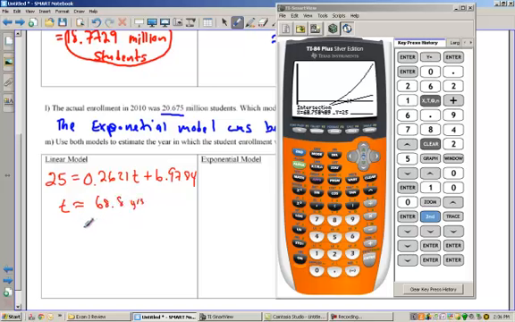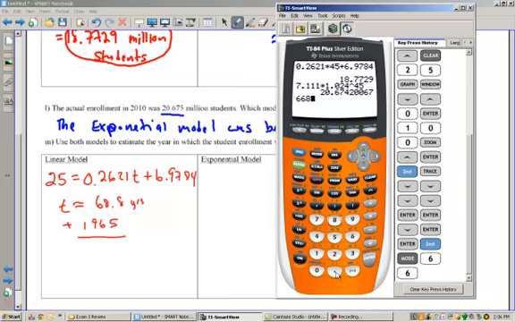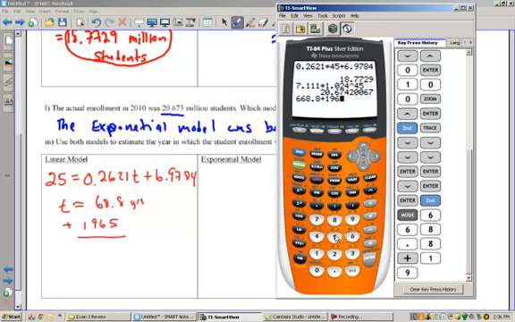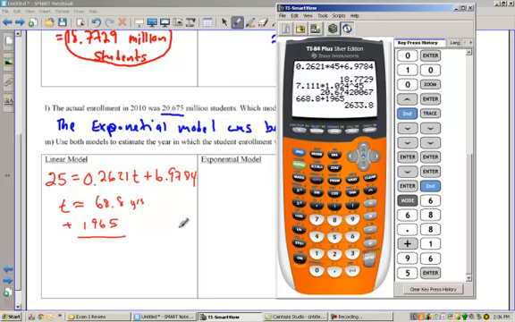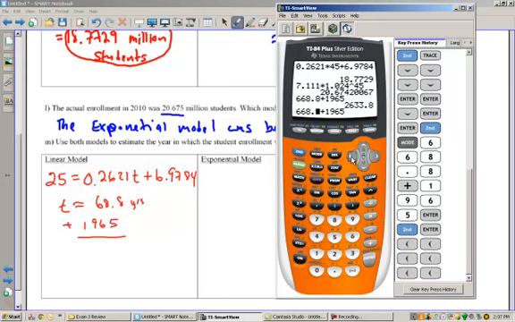And it says in what year, so I'm going to add 1965 to it. All right, so I can clear the screen and take 68.8 plus 1965. And I get 2633, which is way too far out.